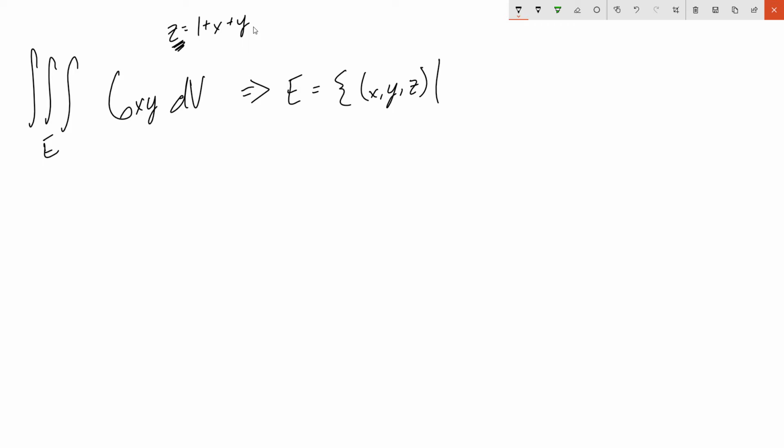And now it's going to be above the region in the xy plane, bounded by the curves y equals root x, y equals 0, and x equals 1.